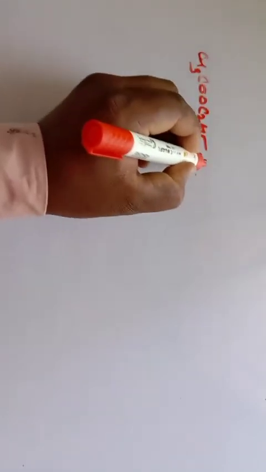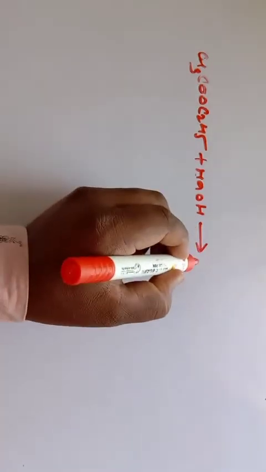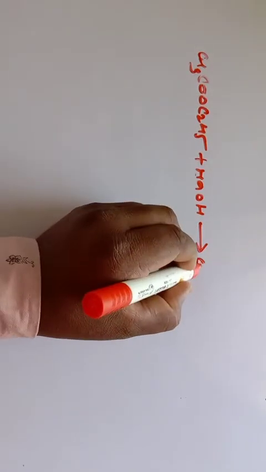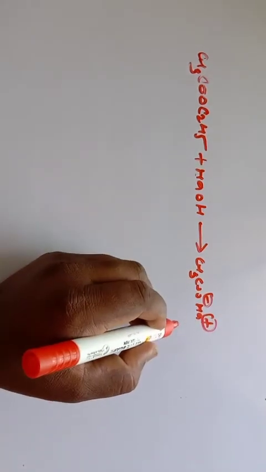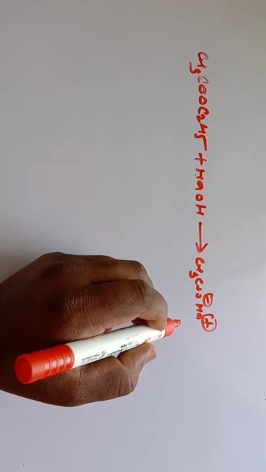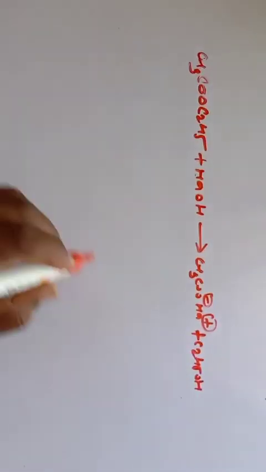If you consider the reaction, CH3COOC2H5 reacts with NaOH and forms CH3COO⁻Na⁺, the sodium salt of acetic acid, plus C2H5OH, that is ethanol.